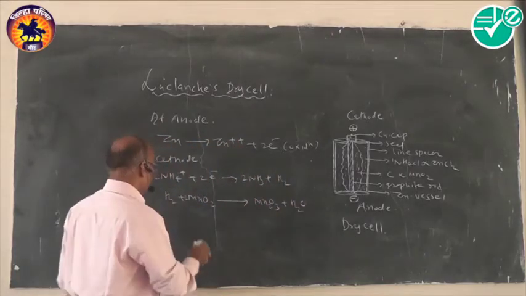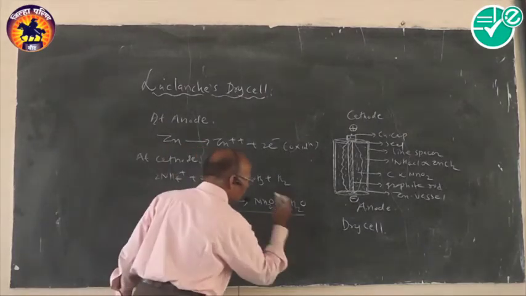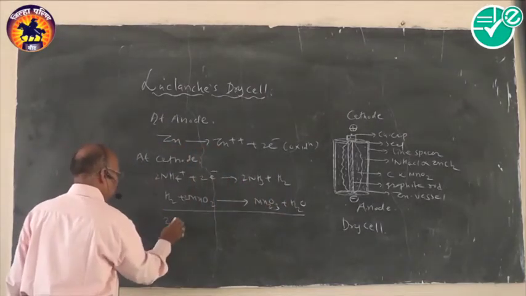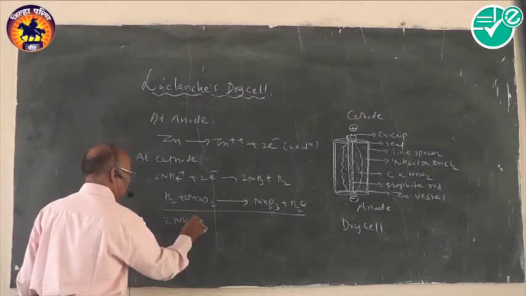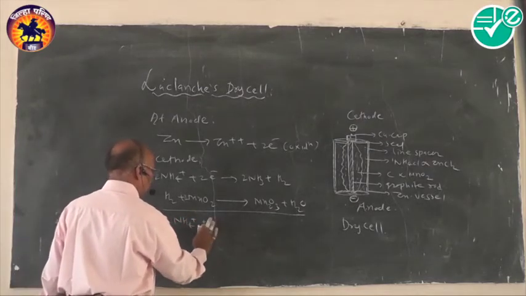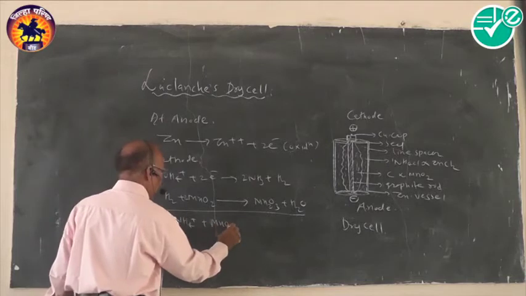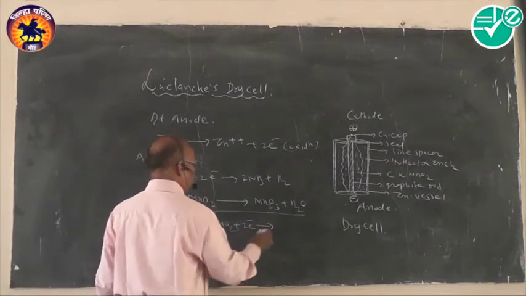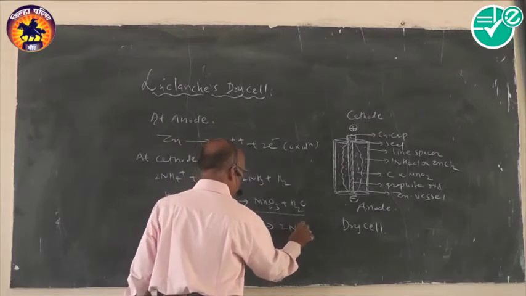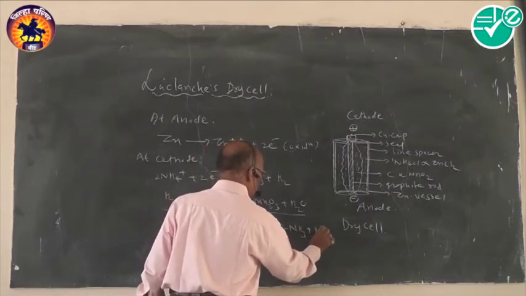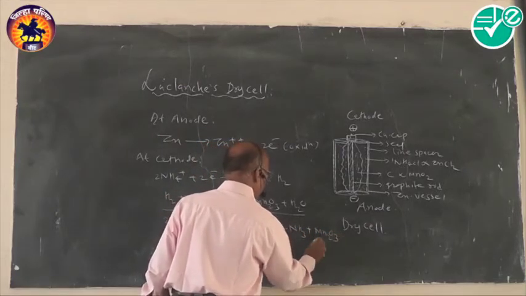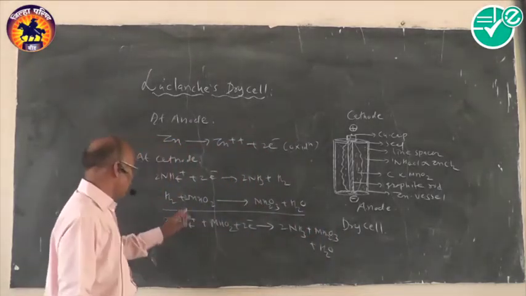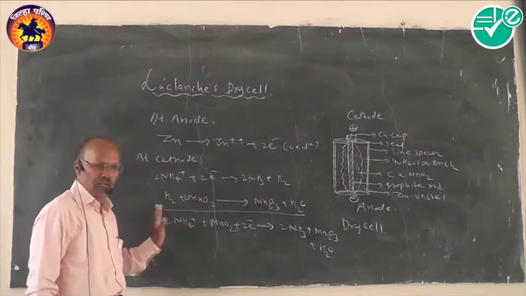If we write the overall reaction at the cathode: 2 NH4+ plus MnO2 plus 2 electrons produces 2 NH3 along with Mn2O3 and water. This is the reaction taking place at the cathode.